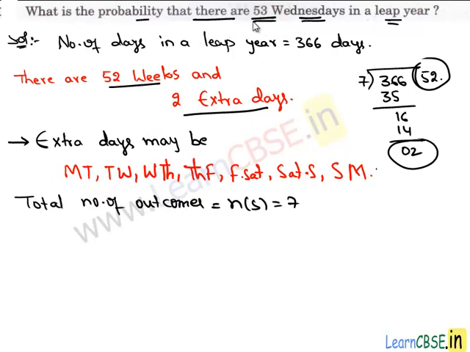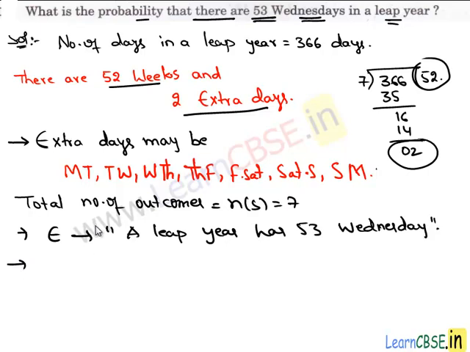Here we have to find that there are 53 Wednesdays. So we take E as the event which denotes that a leap year has 53 Wednesdays. Then the number of favorable outcomes to this event is n of E, and here, to get 53 Wednesdays, the extra 2 days should be Tuesday, Wednesday or Wednesday, Thursday.